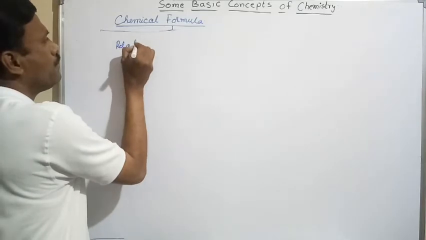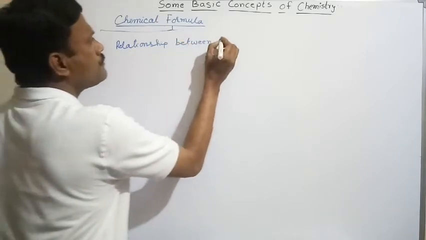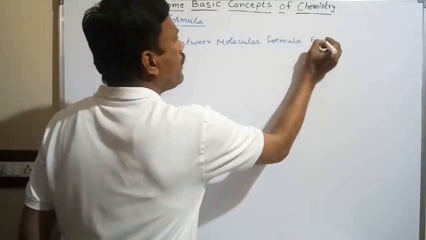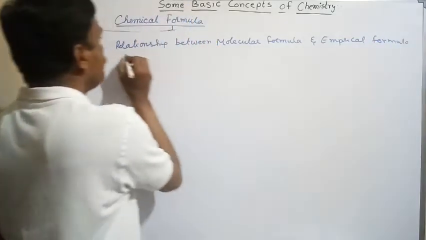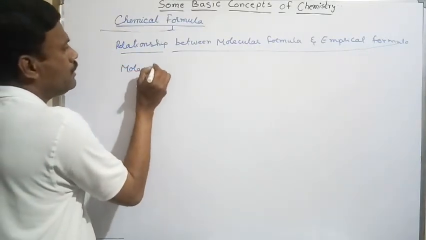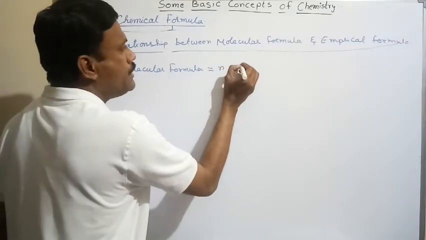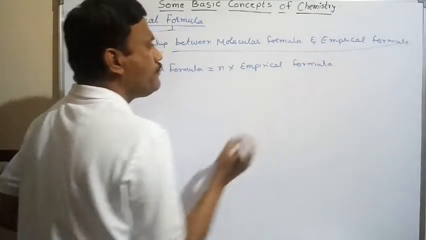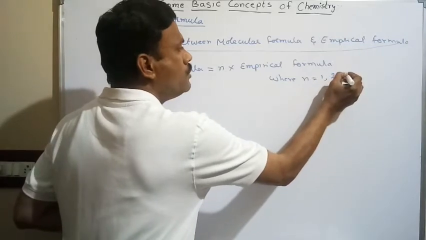Relationship between molecular formula and empirical formula: molecular formula is equal to N into empirical formula, where N is equal to 1, 2, 3 and so on.